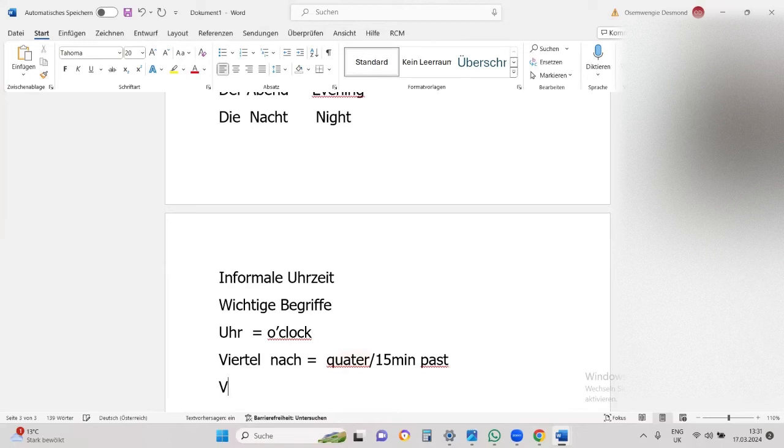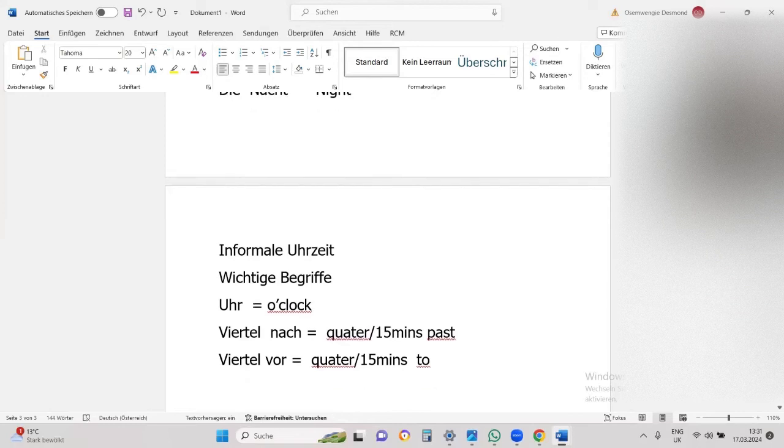Then we have viertel vor, that means quarter to, or 15 minutes to or before. Then we have what we call halb. Halb means 30 minutes to something.